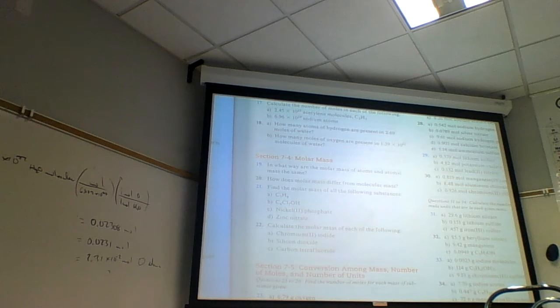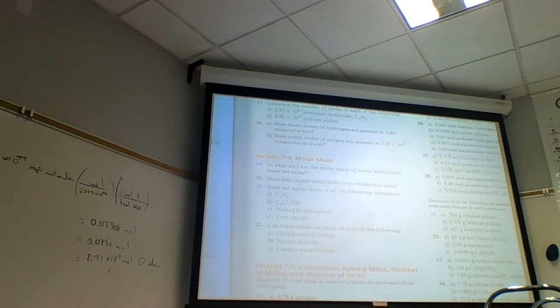Now, is this ionic or molecular? It's ionic, so we can't use molecular mass. We would call this formula mass. The formula mass would be this 52 plus this, which is 305.8, so 305.80 U per formula unit.